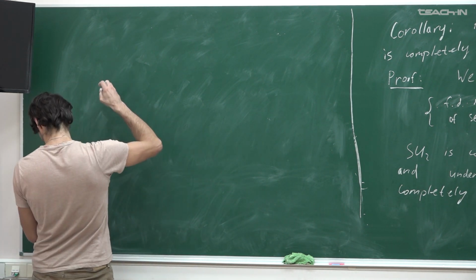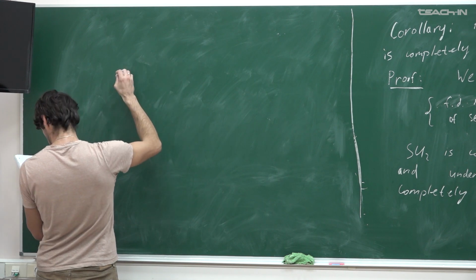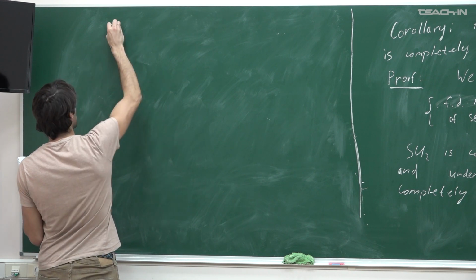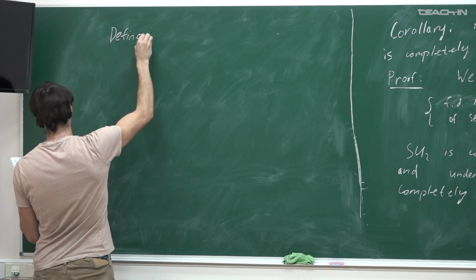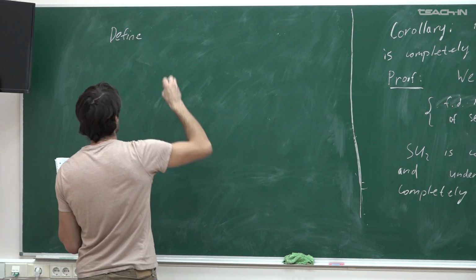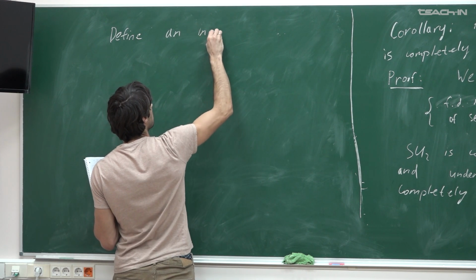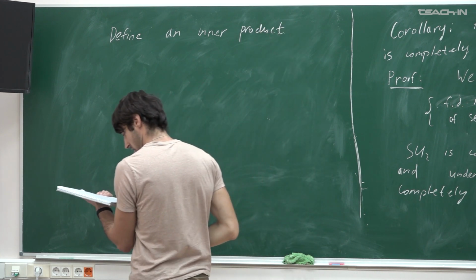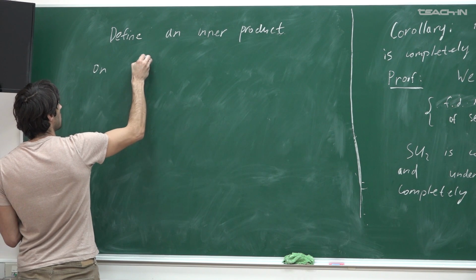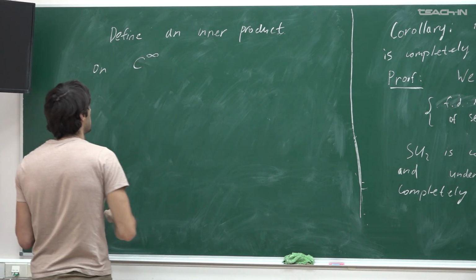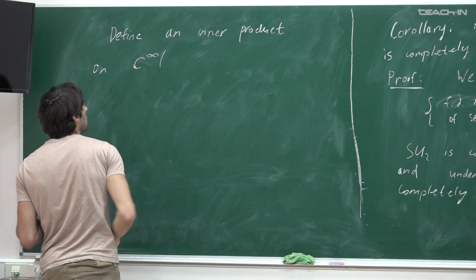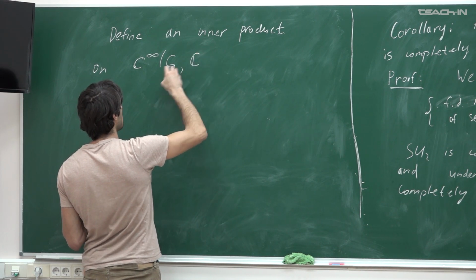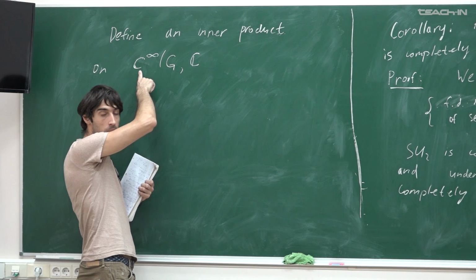So we actually can now take our integration and define an inner product on smooth functions. So we define an inner product on C infinity of G, but I also would like them to be smooth functions that are complex valued.